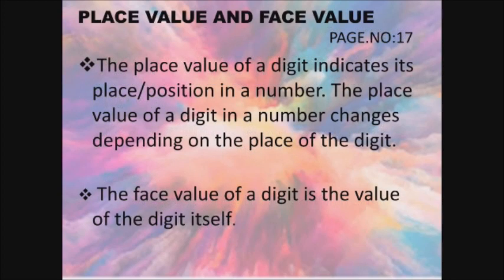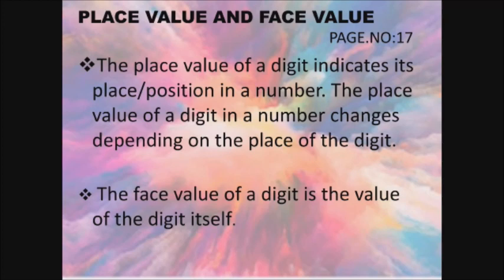Next, we can see the place value and face value in page number 17. What is meant by place value? The place value of a digit indicates its place or position in a number. The place value of a digit in a number changes depending on the place of the digit.